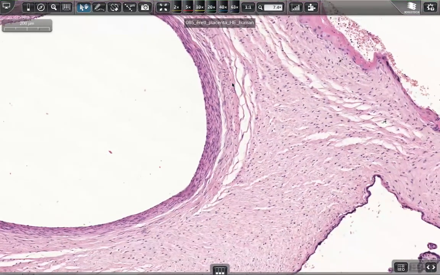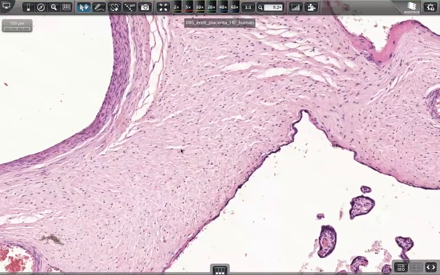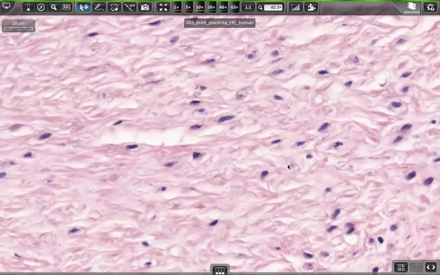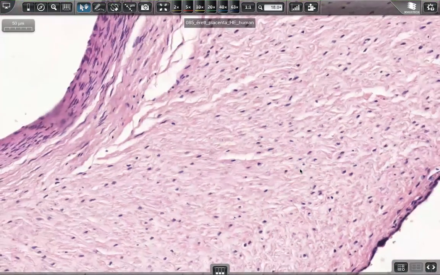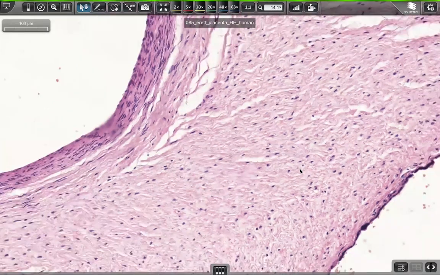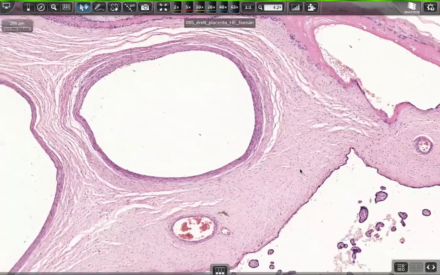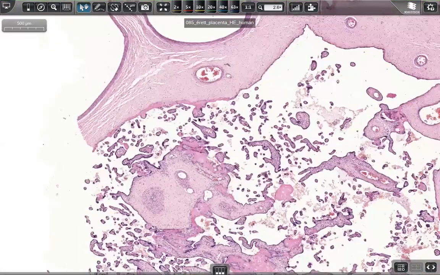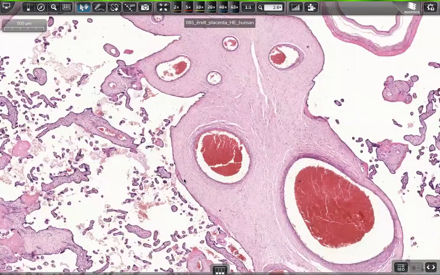But this is the chorionic mesoderm. Don't forget, it's a developing tissue. So we have mainly mesenchymal cells and some connective tissue elements, but it's a developing structure. And from the chorionic plate, chorionic villi start to grow toward the maternal surface.